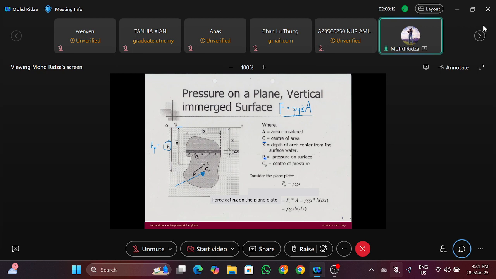So the equation is HP or H bar equals HC plus the second moment of area of the object times sine square theta.